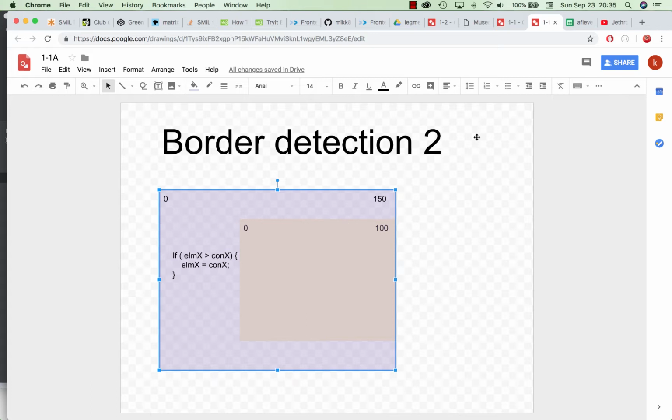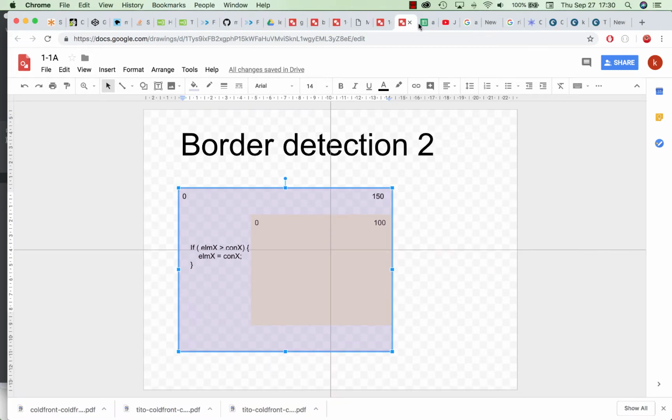We really need a formula for this one. So how can we make our numbers equal -50? We could subtract 100 from 150. That will make 50 and put a minus in front of it. So minus element width minus container width.